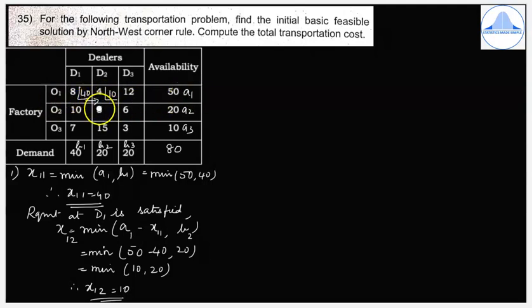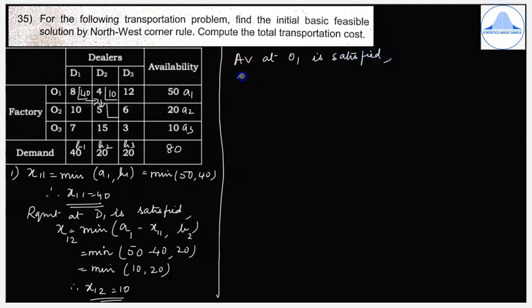So whenever availability is satisfied, you have to move vertically down. So you move vertically down and you come to this cell. So here I will write that the availability at O1 is satisfied. So whenever availability is satisfied, you move vertically down and the formula is x is equal to minimum of A comma B minus x.